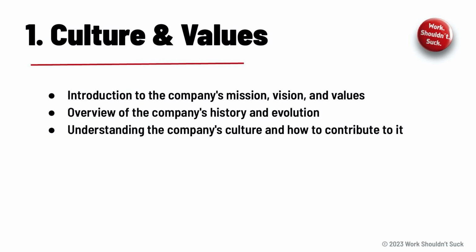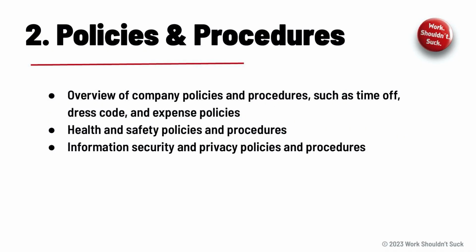Some of the things to consider under the bucket of culture and values: introduction to the company's mission, vision, and values, overview of the company's history and evolution, understanding of the company's culture and how to contribute to it.